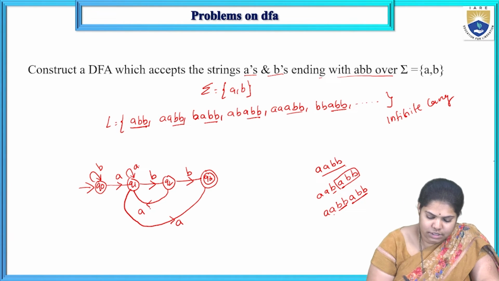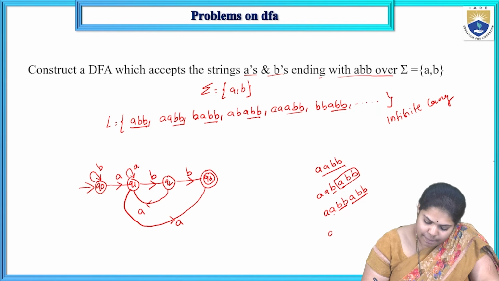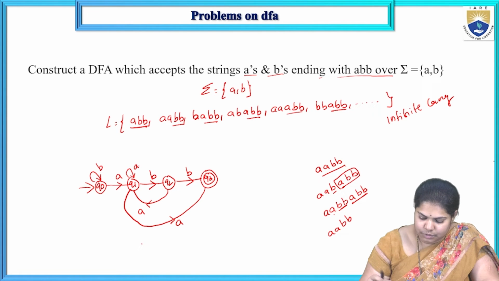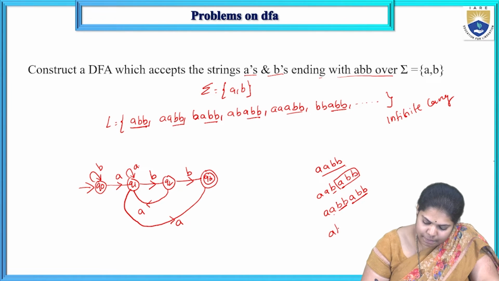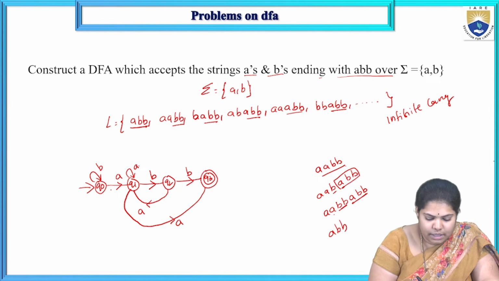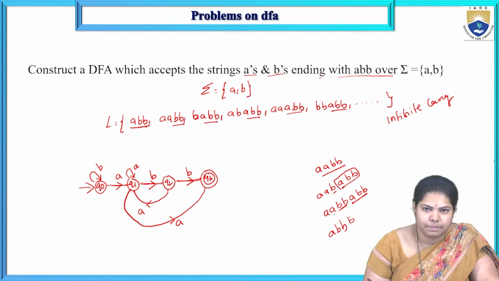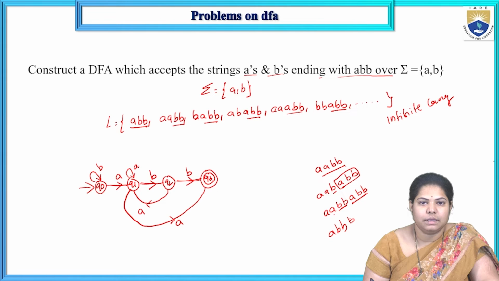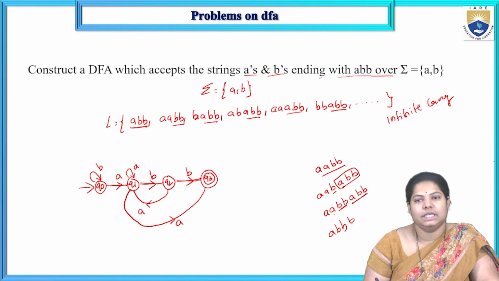So what happens after A, B, B, if I see A here? And what happens if I see the B after ABB?